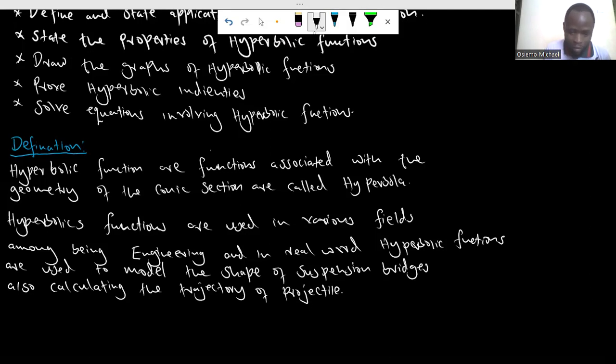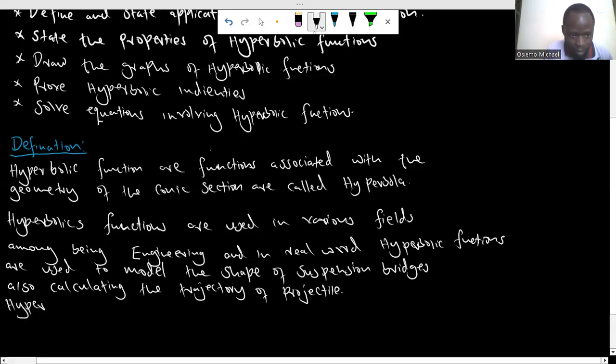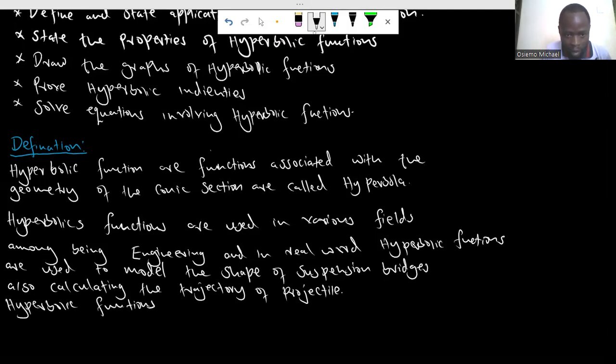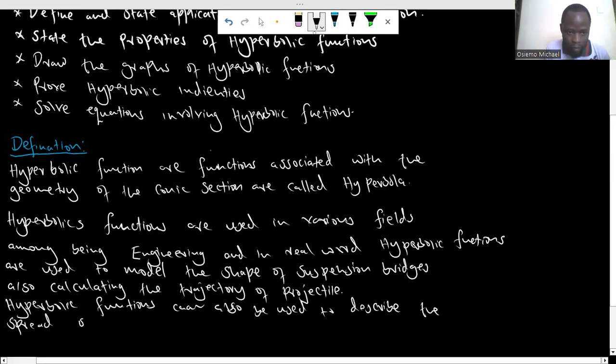Hyperbolic functions can also be used to describe the spread of heat in a solid.